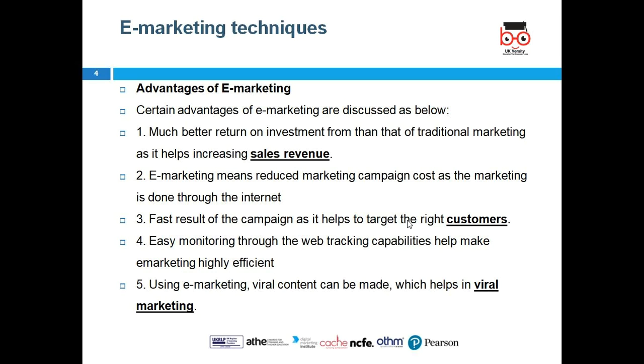And using e-marketing, viral content can be made, which helps viral marketing. So viral in the sense that if it's an offer, let's say ASDA or Tesco is selling a few products at 80% off, then if it was done via conventional marketing, the stock available could last maybe days, or months.